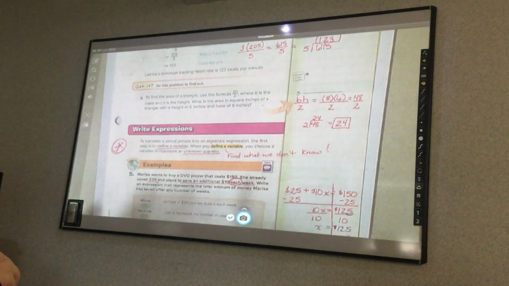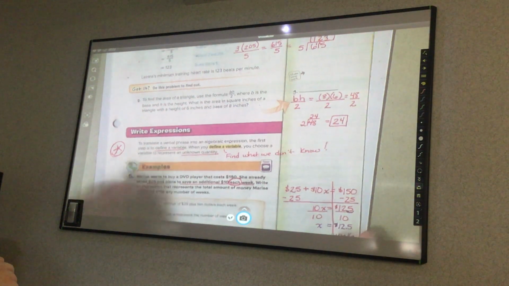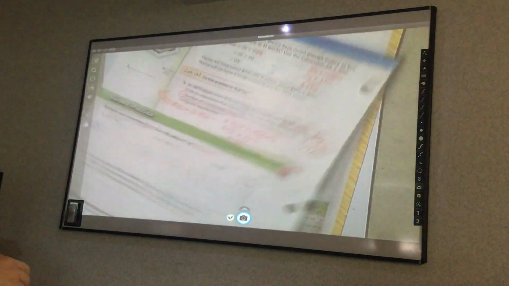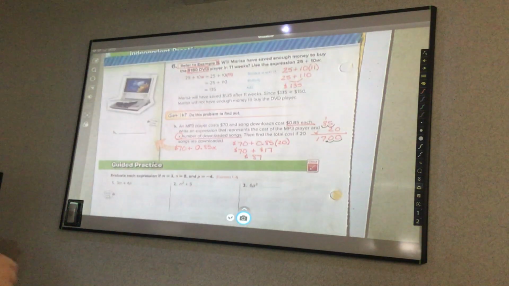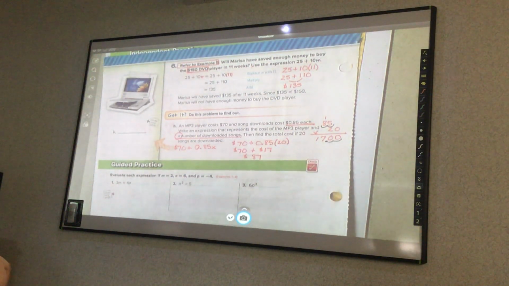When you define a variable, the variable is something you don't know, so you're going to figure out what you don't know. And we gave an example, number 5, and we also did it for number 6. And that came up in our homework or our classwork that we did yesterday.